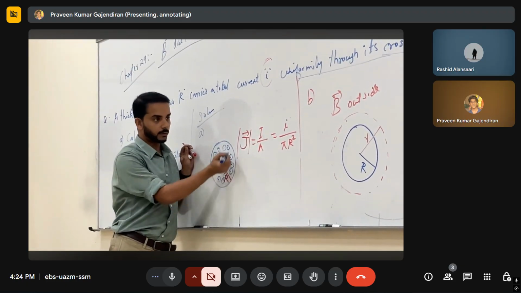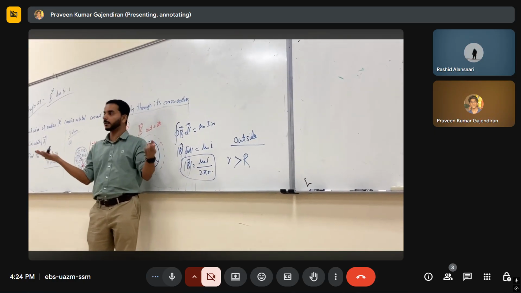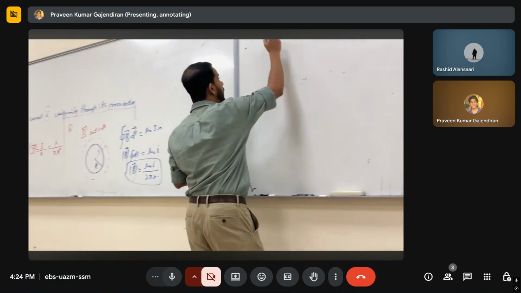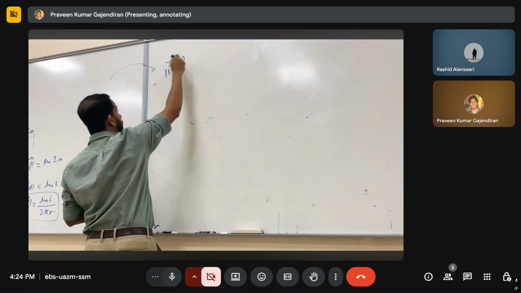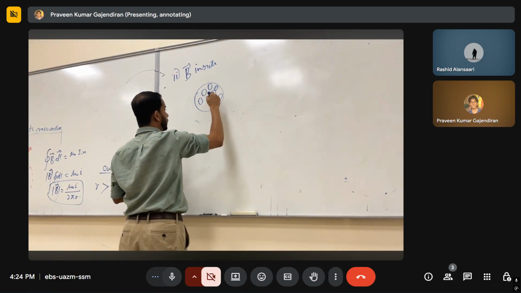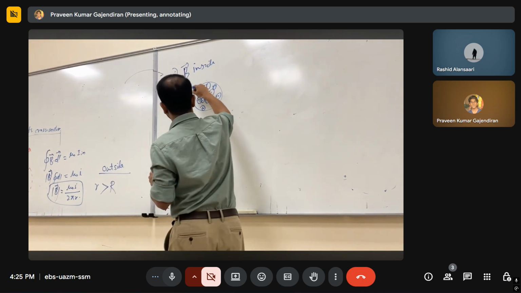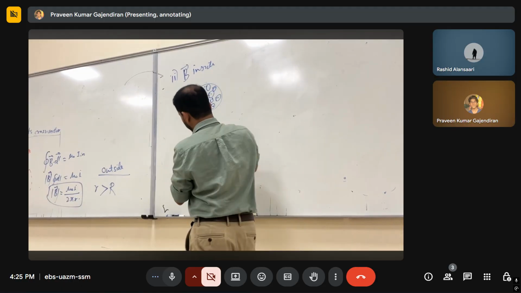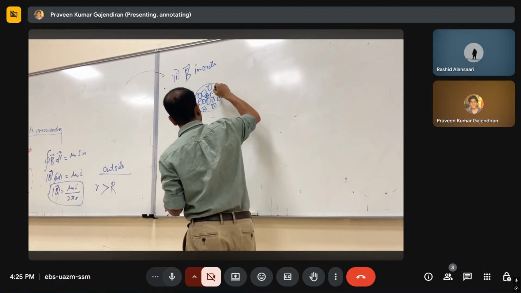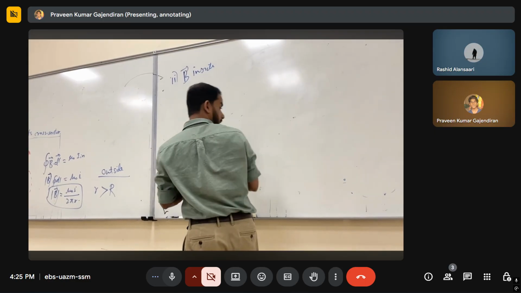Unless you go to the surface, you are not enclosing all the current inside whatever Amperian loop you decide. For example, you have inside, so let's say you have a field like this. Now, this Amperian loop has a radius of r.